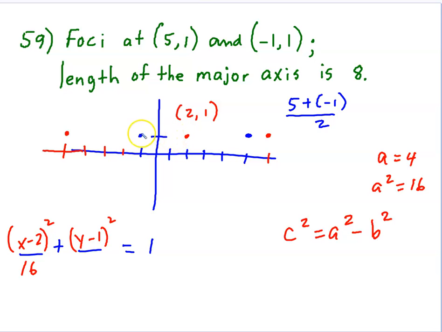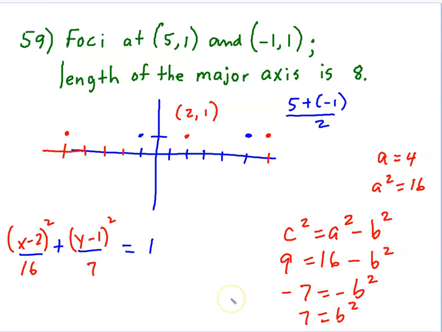The focal points are these blue dots. We plotted those at the beginning. So c is 3, so c squared is 9, a squared is 16, and we're going to find b squared. So -7 is negative b squared, so 7 is positive b squared. So there's the equation.